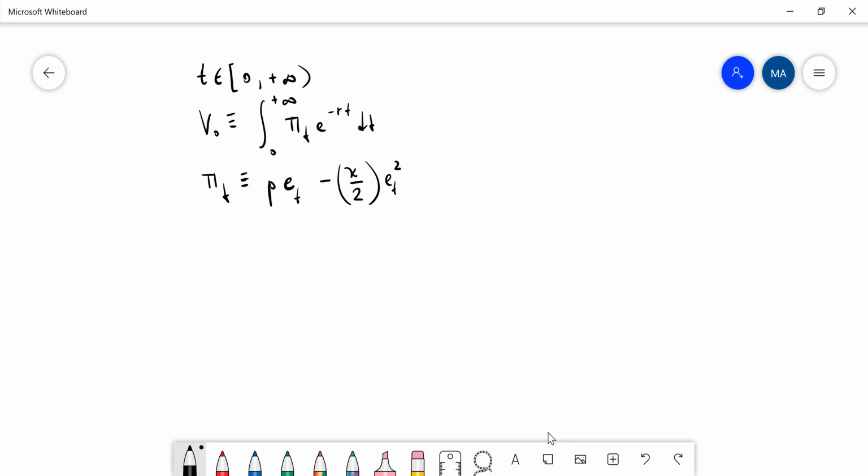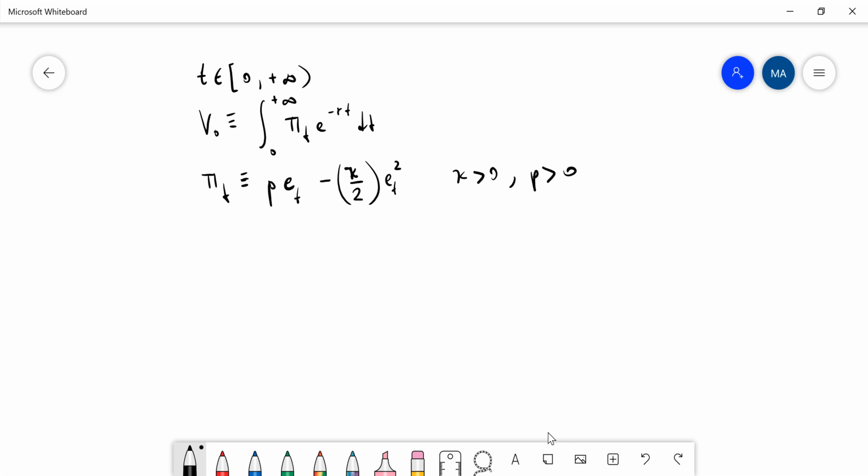And that's it, right? You may also put some fixed cost, but it's not really essential. So again, P is the price, e t is the number of or the amount of fish you extract at instant t. And this part is the total cost of extracting e t units of fish. So kappa is positive and P is positive.